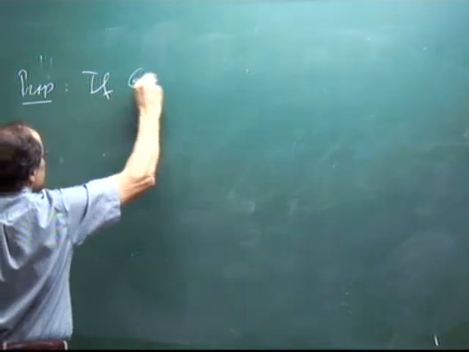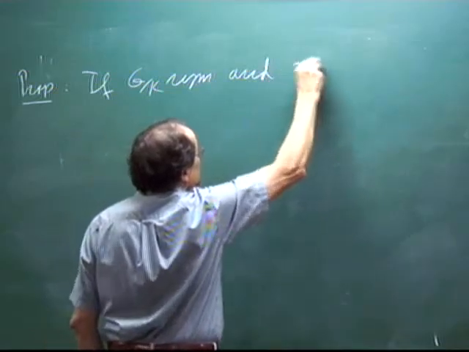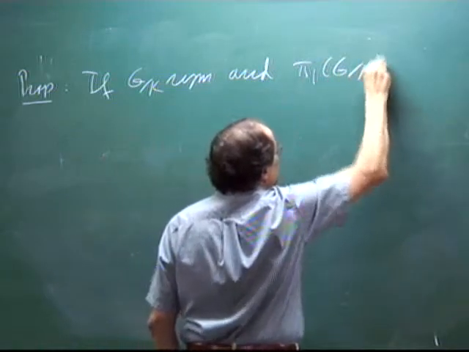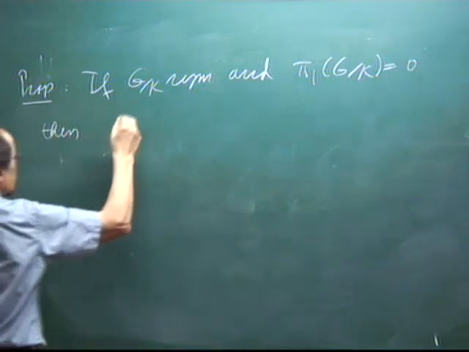If G mod K is symmetric and simply connected, then it's a product.